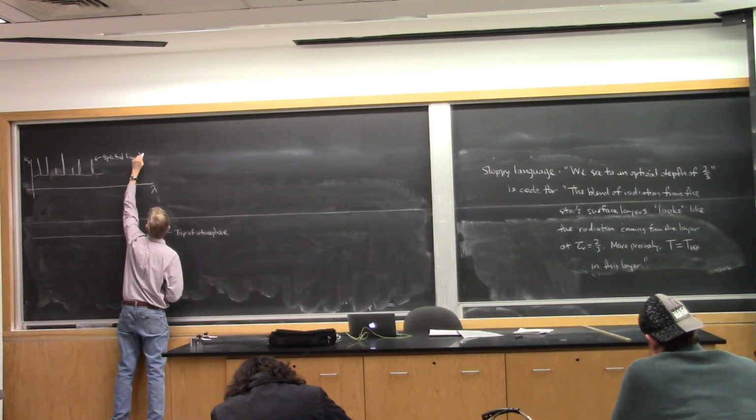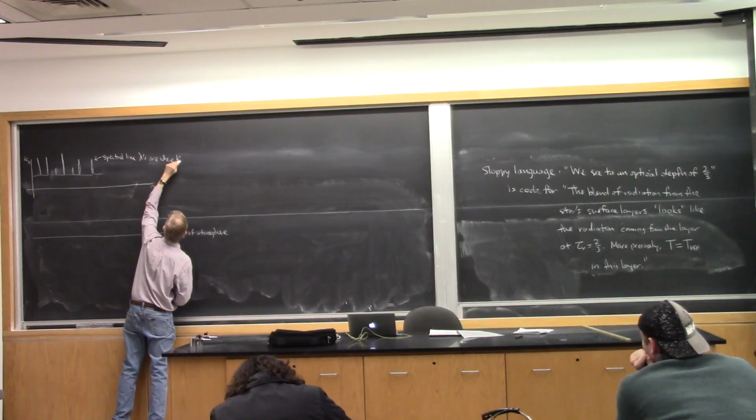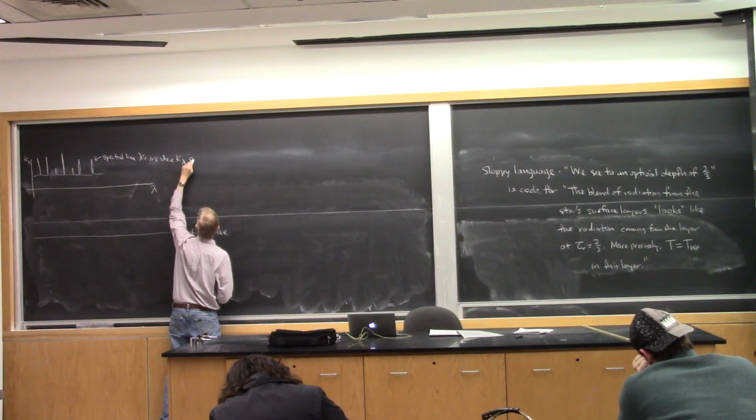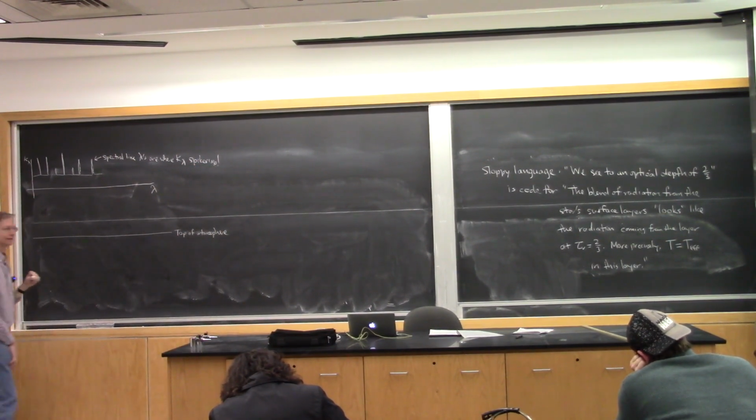Spectral line lambdas are where kappa lambda spikes up. Boom. Spectral line lambdas are where kappa lambda spikes up.